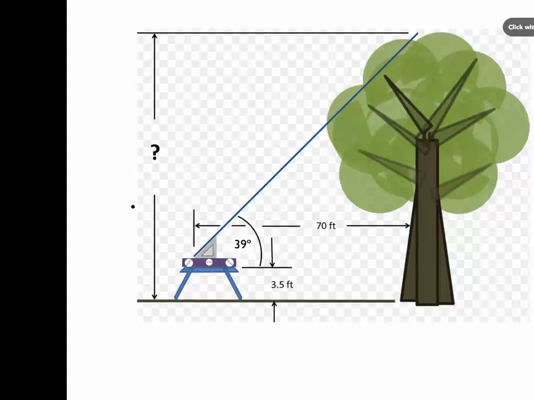If we're going to use what we call triangle trig, we first need a right triangle. So we need to superimpose a right triangle into the situation that will help us solve for the height of the tree. Jared Smith, can you describe the right triangle we're going to use?